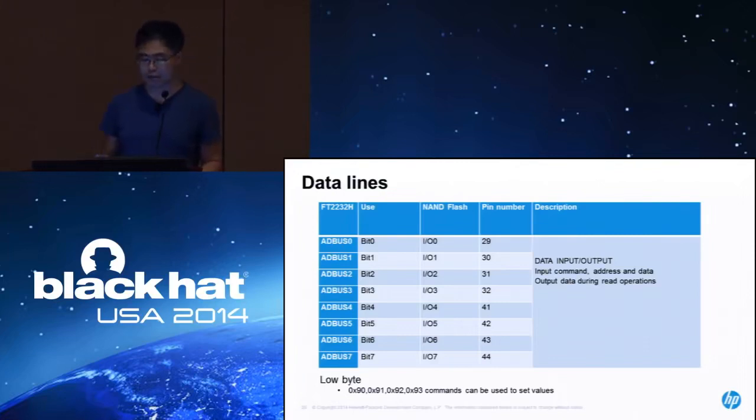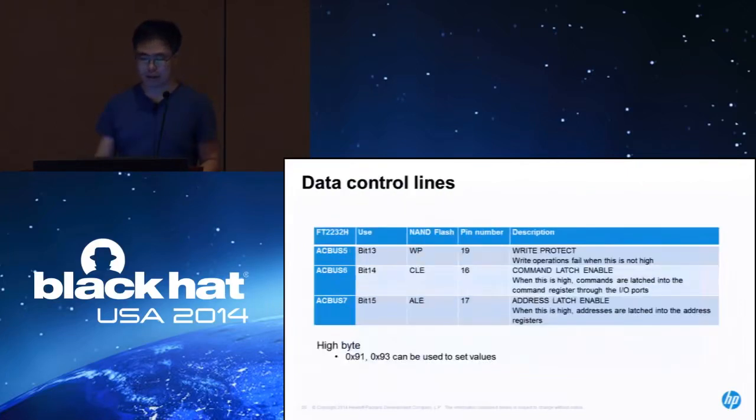AD bus 0 to 7 is for sending and retrieving the 8-bit data. And the control lines look like this: WP, CLE, ALE. CLE is for sending a command, and ALE is for sending an address. So you send the command, something like read or write, and after that you send which part of the memory you are trying to read or write.